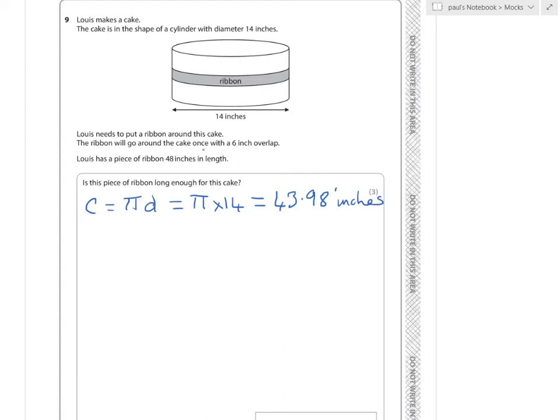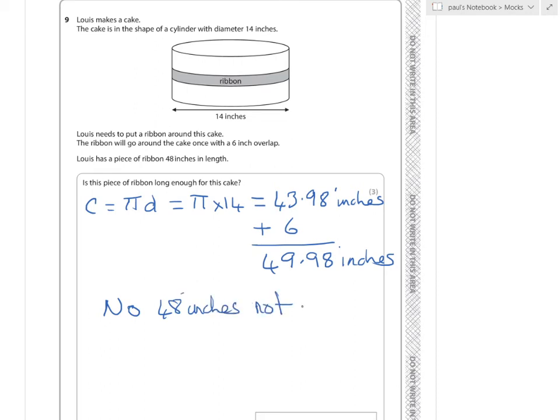Now there's going to be a 6-inch overlap, so plus 6 inches will make 49.98 inches. So I don't reckon that's right either. 53.98. So no, 48 inches, not enough.